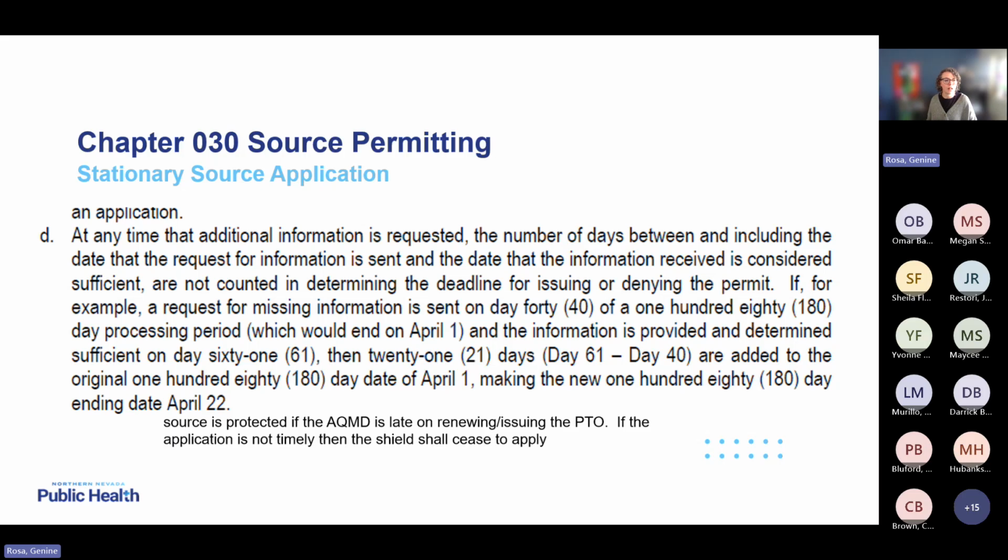Then we have 180 days to begin actually working on the application. A complete application will go into the queue. It'll be processed in the order it was received, so there's no priority. It's just the date we receive it. That's next in line. Then once it's up to be processed, we go through technical reviews.